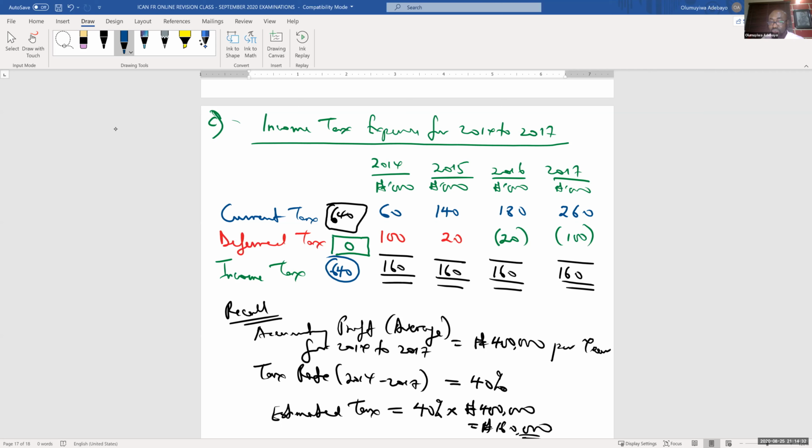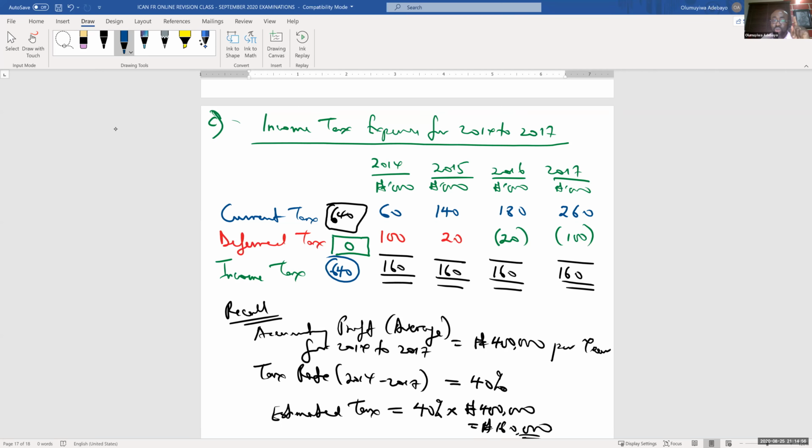Now you find out that it's a matter of time that deferred tax is not a tax. Deferred tax is not what? A tax. What deferred tax only tries to do is that in the year the tax law says pay 60, we recognize the fact that though the law says we should pay 60, in real sense, what tax is due based on our performance should be 160.